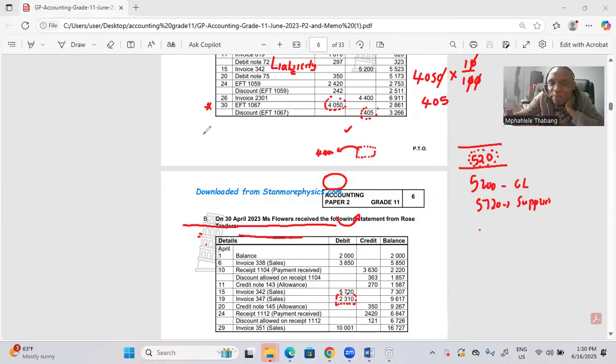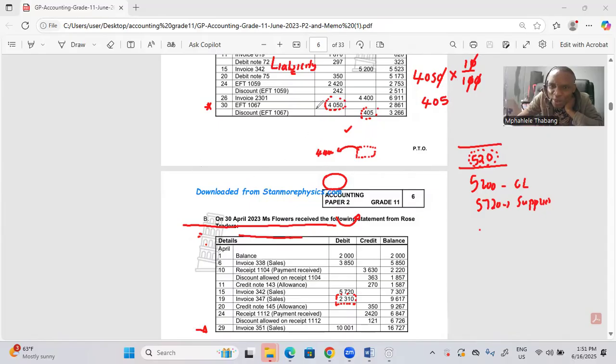It does not appear on the statement because the statement was sent, they are saying, on the 27th, but I see the last date here being the 29th. So if the statement was sent on the 29th, there is no way you are going to see the transaction of the 30th. So we have to put this transaction on the creditor's reconciliation statement.